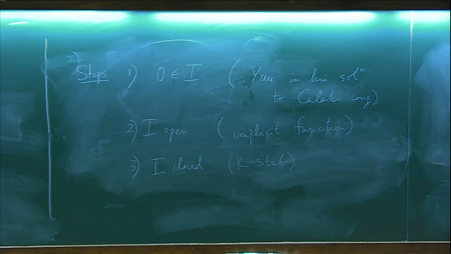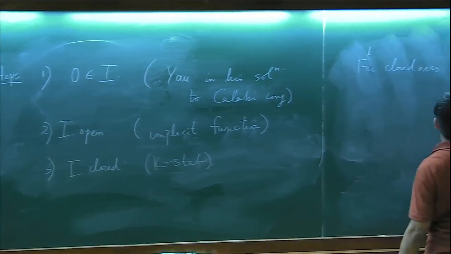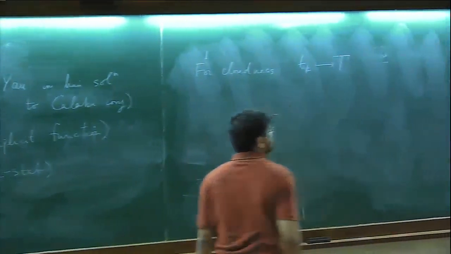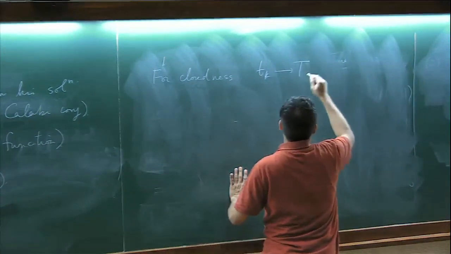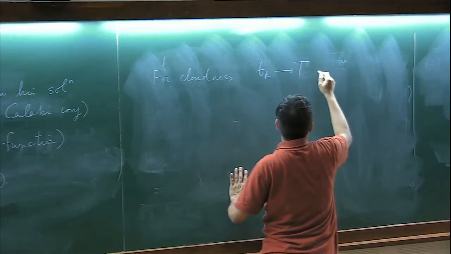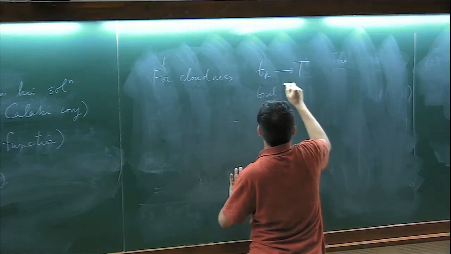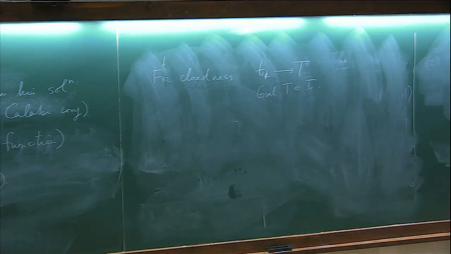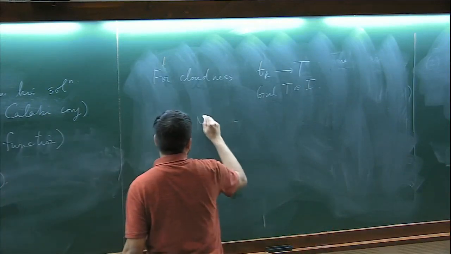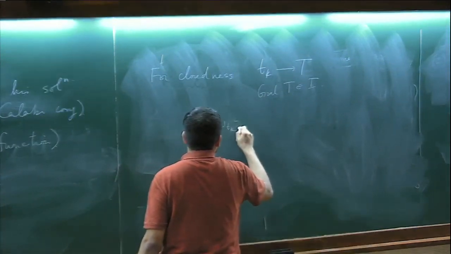To show something is closed, you take a sequence t_k converging to some capital T. So the goal is to show that capital T belongs to I, right? So the idea is you take this sequence of metrics.